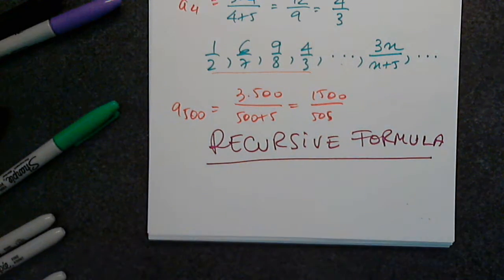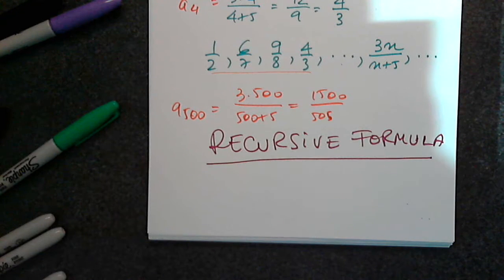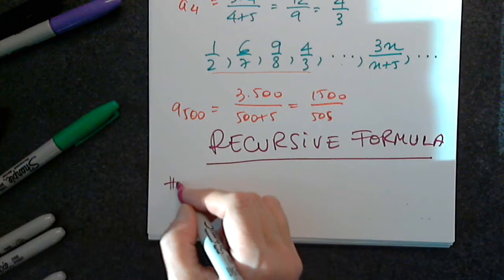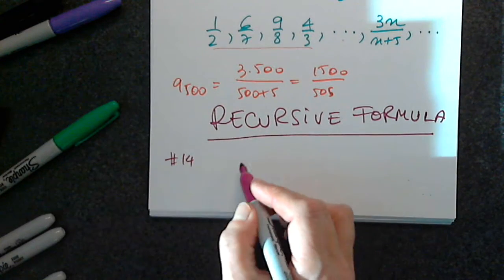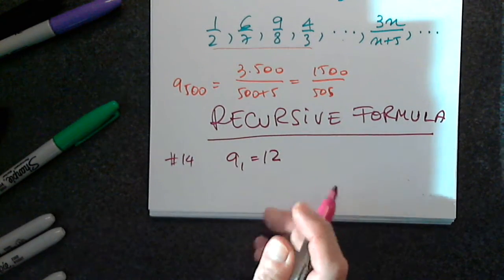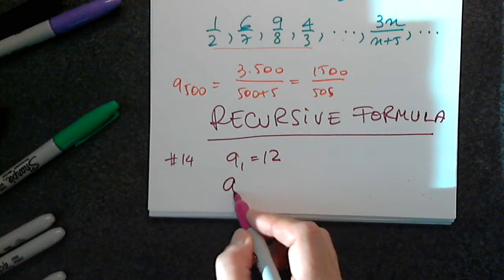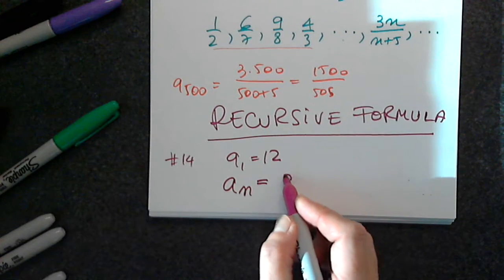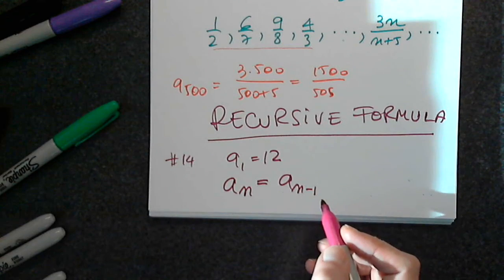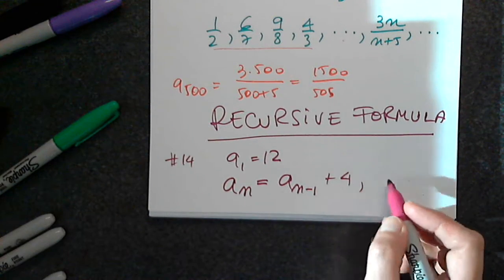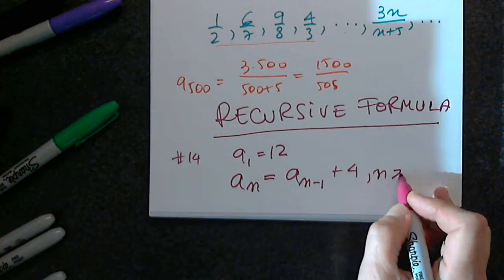Let me give you an example. Problem 14. We are told that A1 is 12. This is given to us. And A sub n equals A sub n minus 1 plus 4, of course, for n greater than or equal to 2.